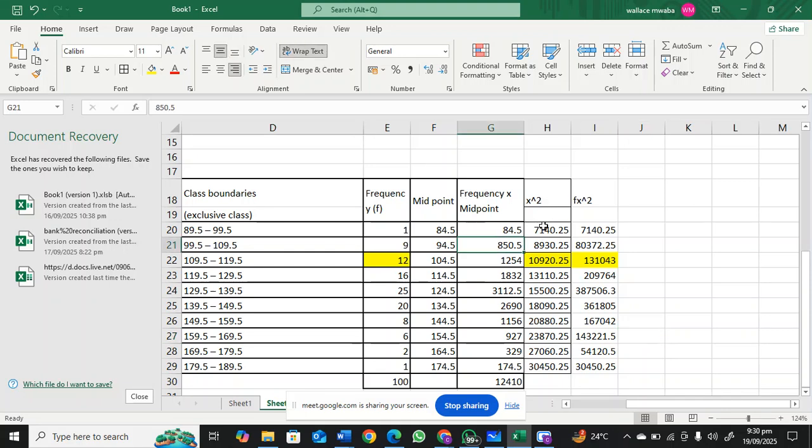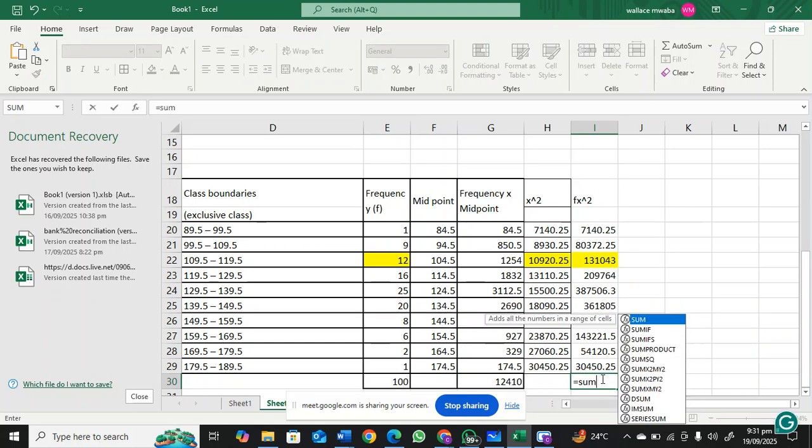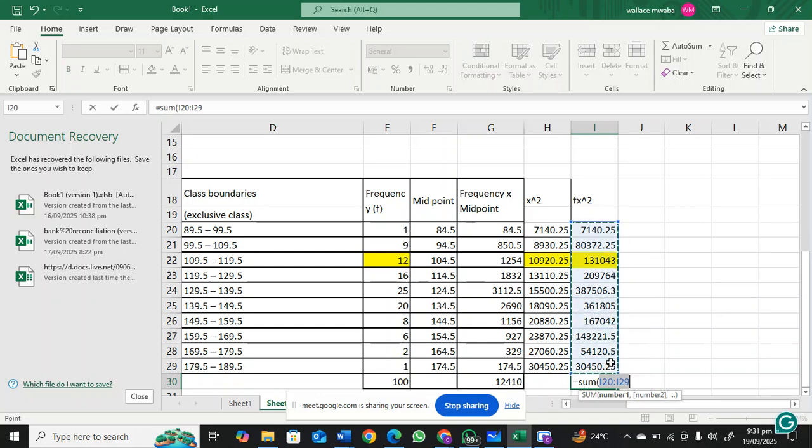So we square each of the midpoints, and after you square each midpoint, you multiply it by the frequency. That's how we got this fx squared. Then what you need to do next is total up this column, the frequency multiplied by the midpoint squared.